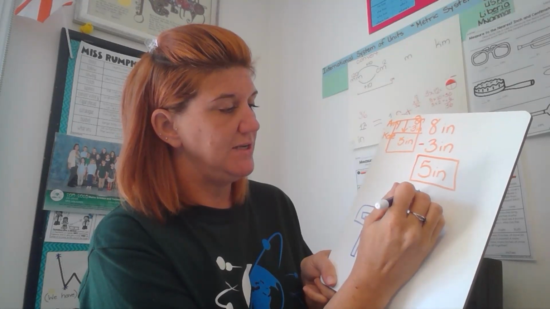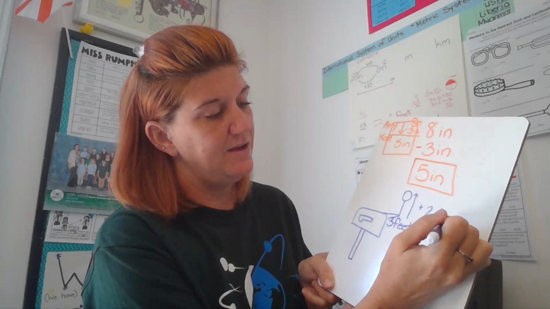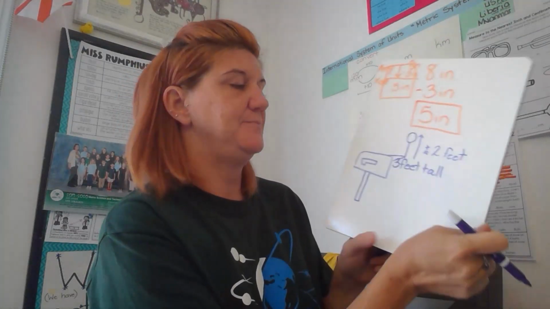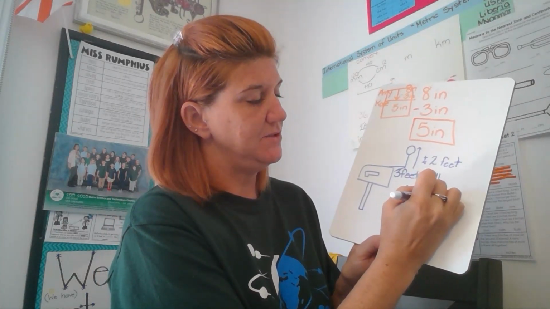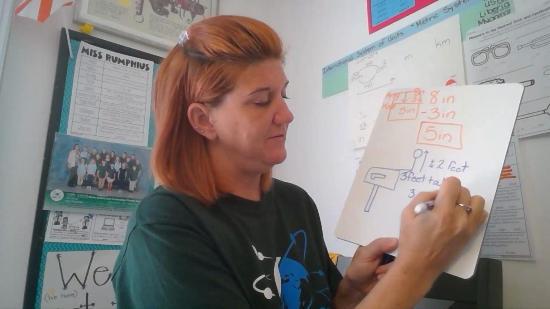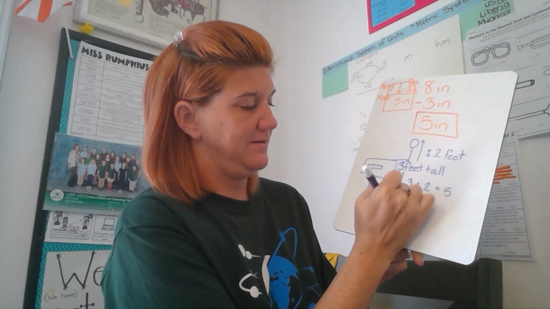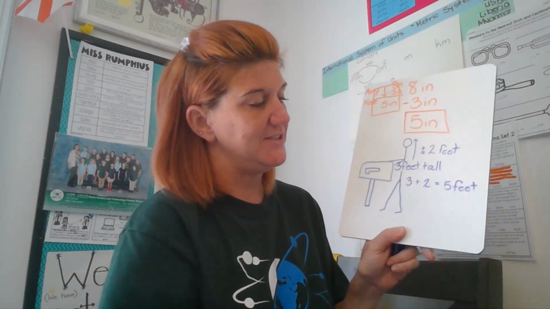And she is plus 2 feet. If it's taller, I know that I am going to add. So now we have 3 plus 2 equals 5. Better give her legs. Bethany is 5 feet tall.